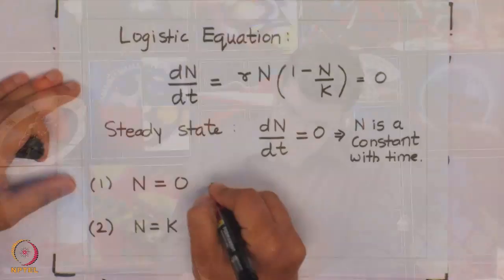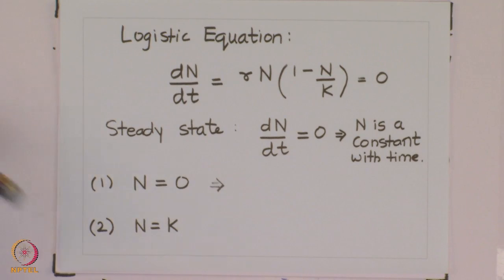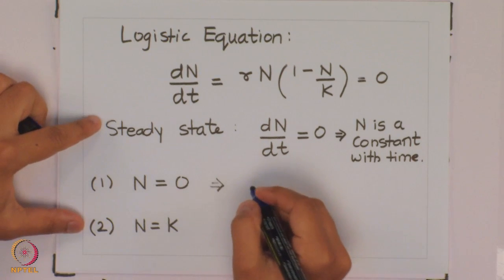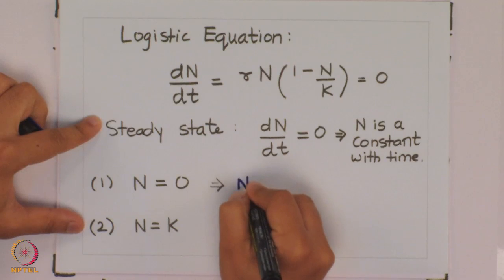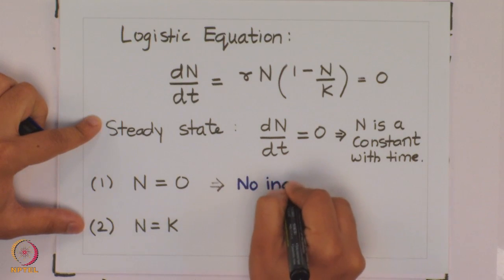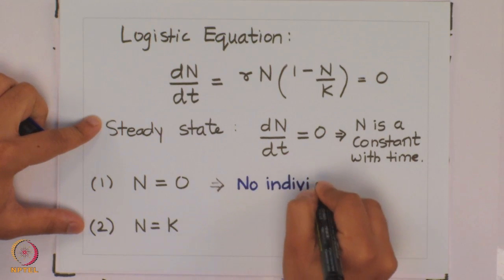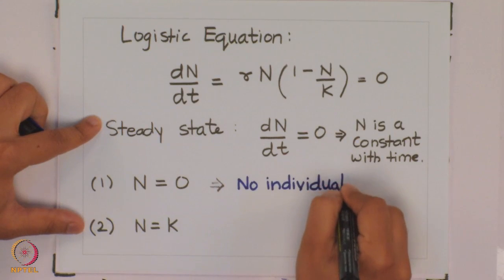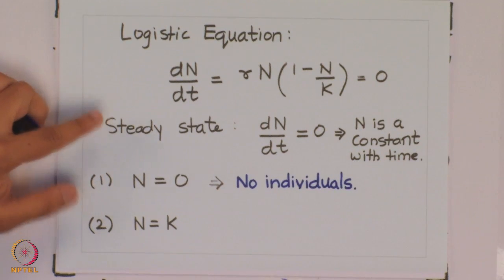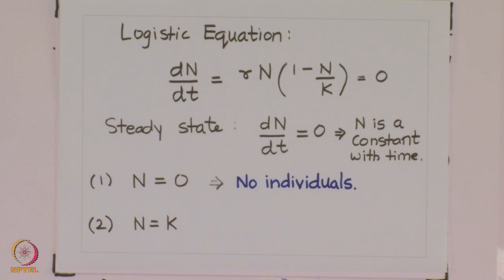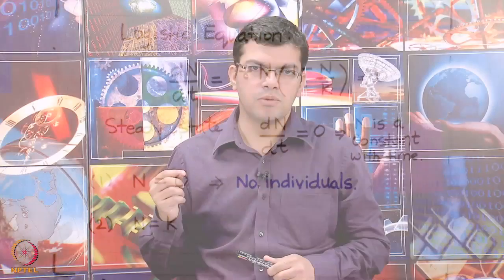The first one, N equal to 0, implies that there are no individuals in the population. Now, if you think about it, this is a steady state, which means dN by dt is equal to 0 and N does not change with time.